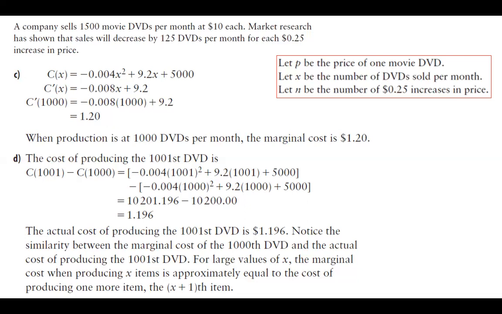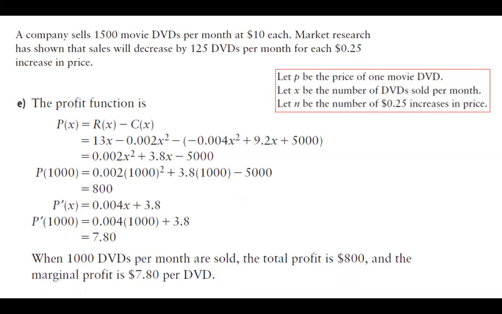Okay, next one. The profit function is given by P(x) equals R(x) minus C(x). So be careful with the notation here, okay? For profit function, usually we'll use uppercase P, standing for profit. The lowercase p(x), standing for price in terms of X, okay?